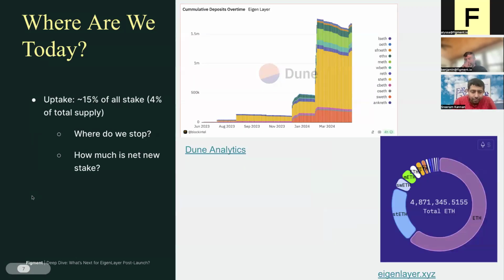So again, looking at where we are today and going back just a little bit in terms of adoption, the high level point here is that 15% of stake is engaged on EigenLayer, which to me is crazy. That's fantastic. There are two charts here on the slide. The top one has just liquid staking tokens, and you can see what's happened over time.